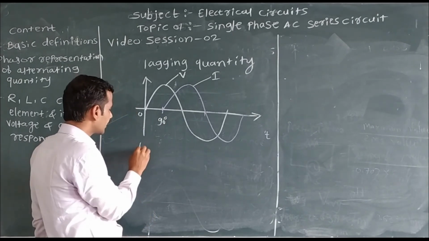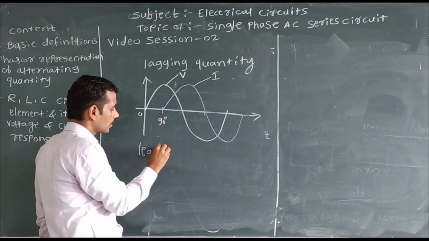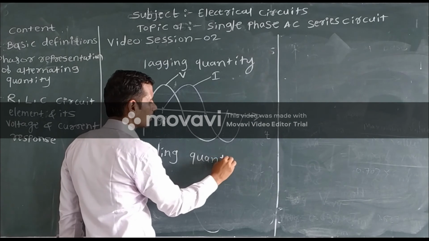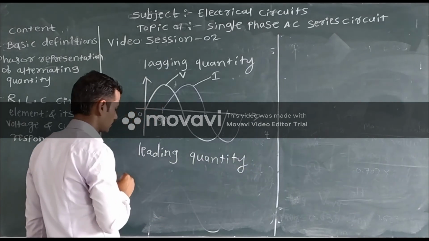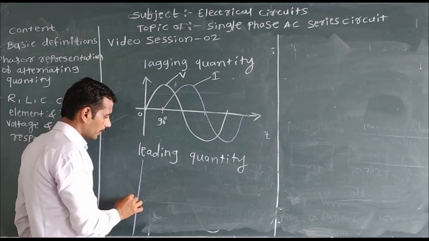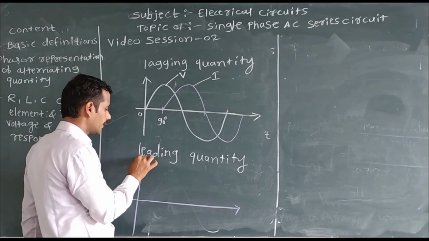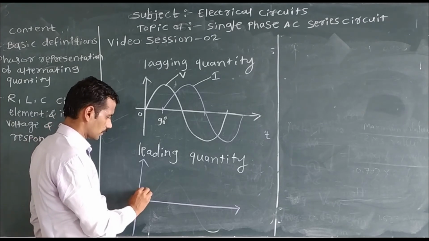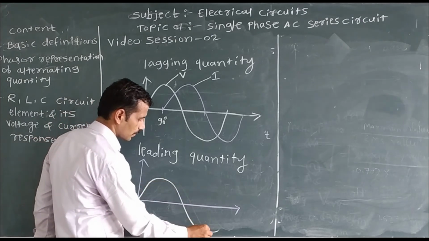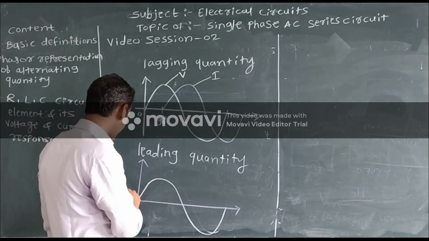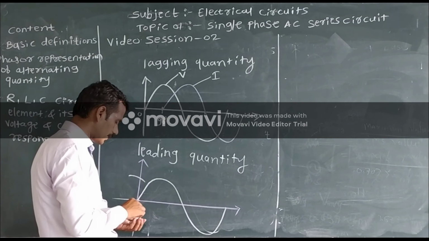Next, leading quantity. A leading quantity is a quantity which reaches its zero and maximum value earlier than the other quantity.